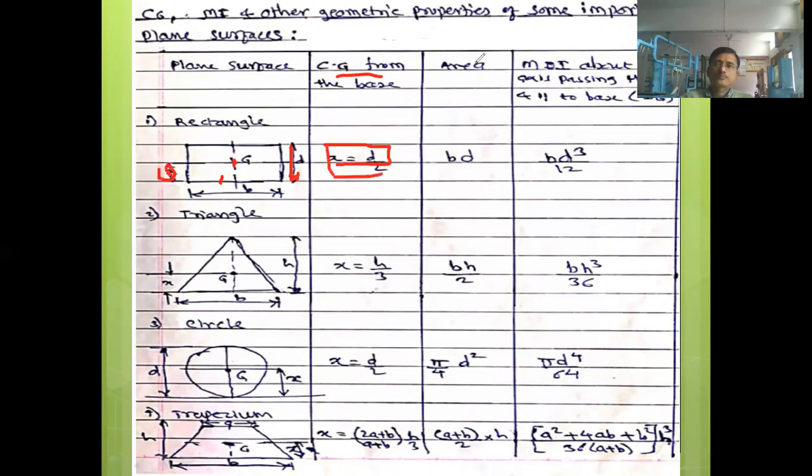Okay. Area is b into d. Then Iz will be equal to bd cube by 12.